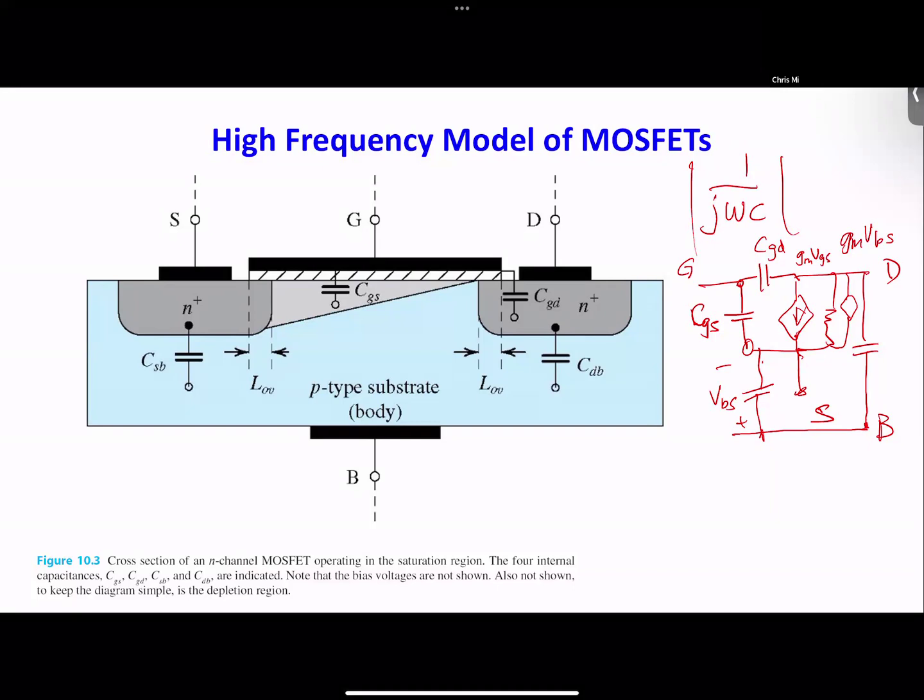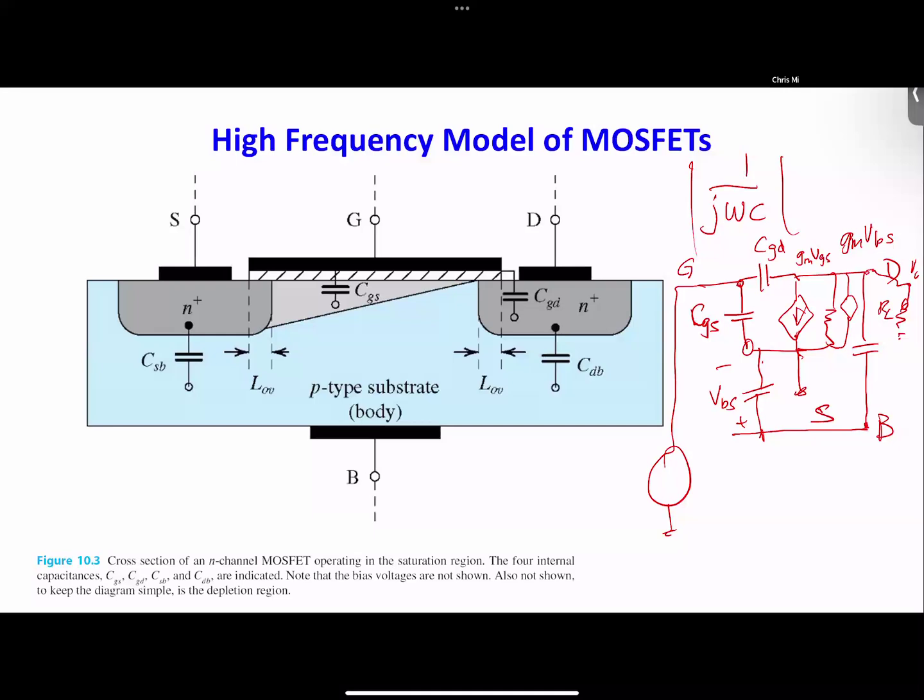Now, once we got the circuit, of course, we can now apply an input like over here, and then we can get the output. Now, the circuit itself is a little bit more complicated than before because we got all the capacitance here, but it's not that unsolvable.